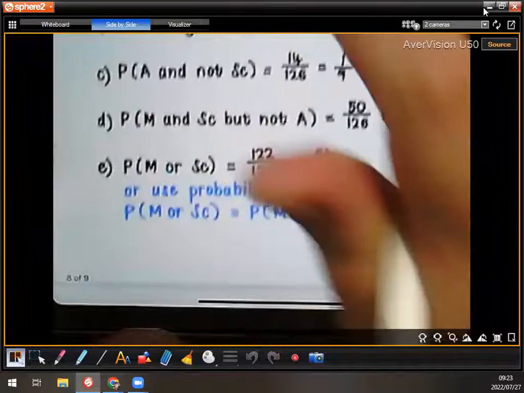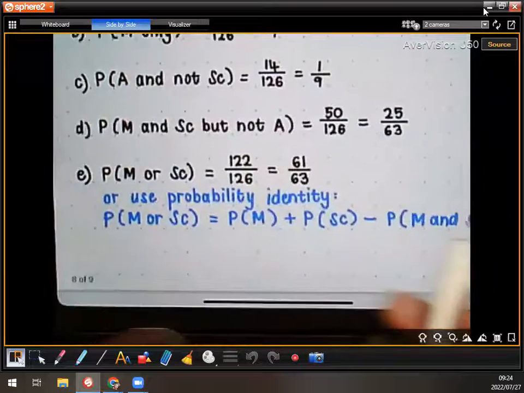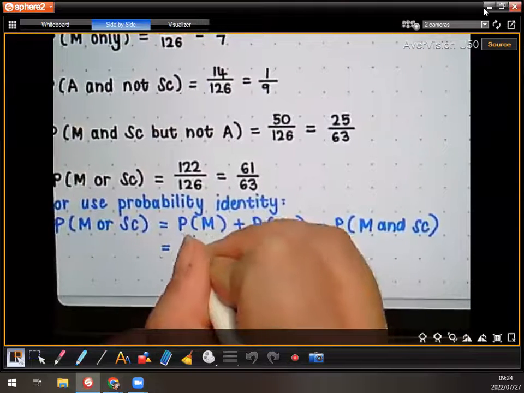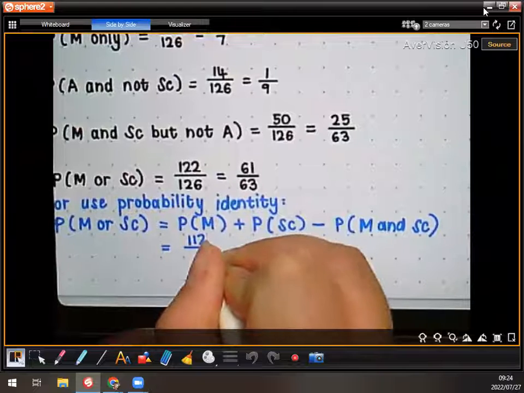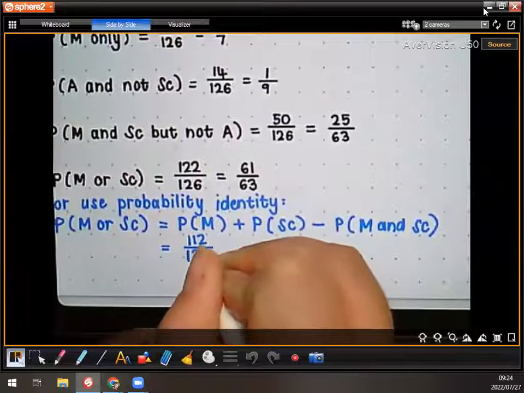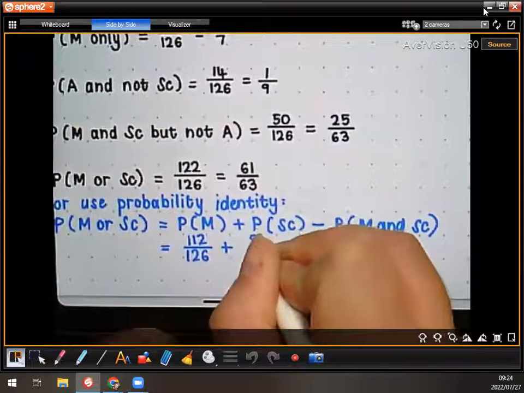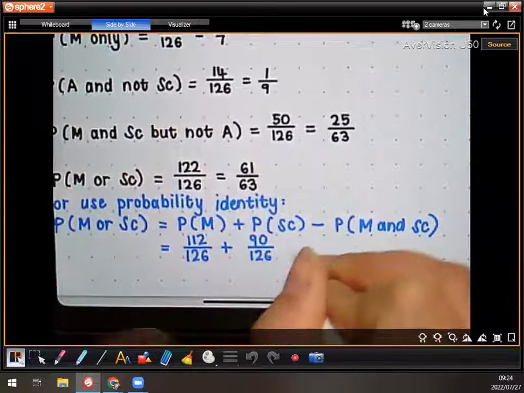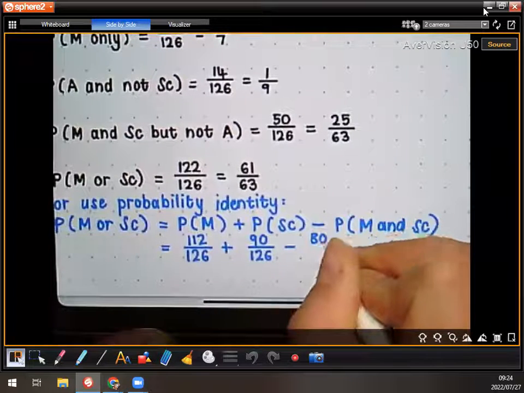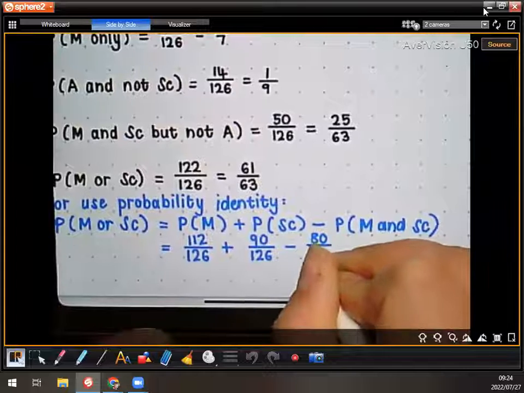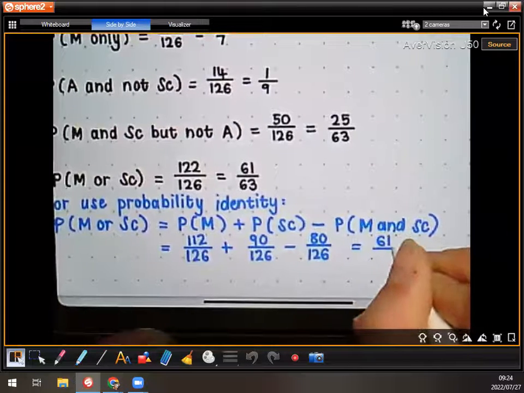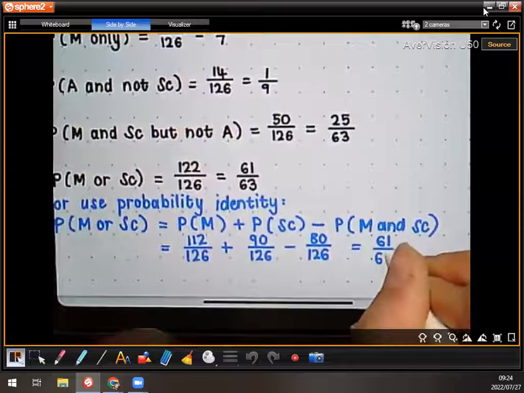If you wanted to calculate it like that, you would say 112 over 126 plus 90 over 126 minus the and, which was 80 over 126, and you should get the same answer. Simplified.